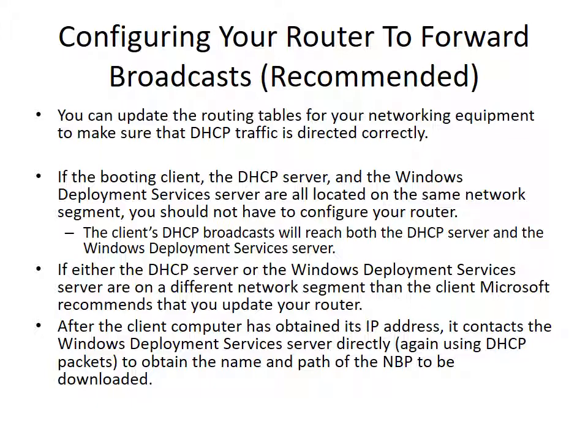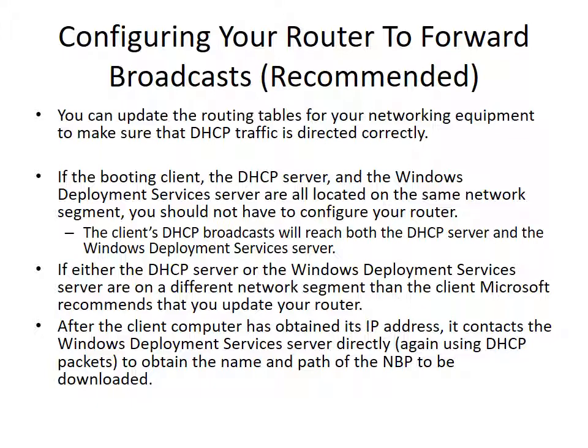But if the booting client, the DHCP server, and the Windows Deployment Services server are all located on the same network, then you don't need to have any configuration done with your router. Basically, the client's DHCP broadcasts will reach both the DHCP server and the Windows Deployment server.